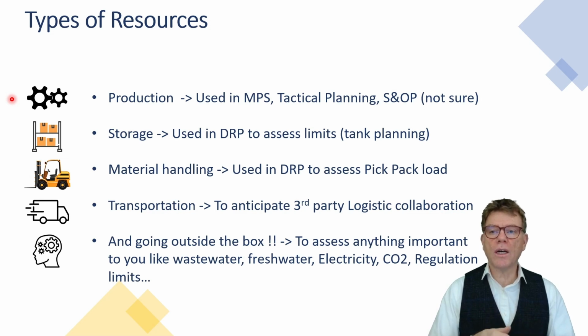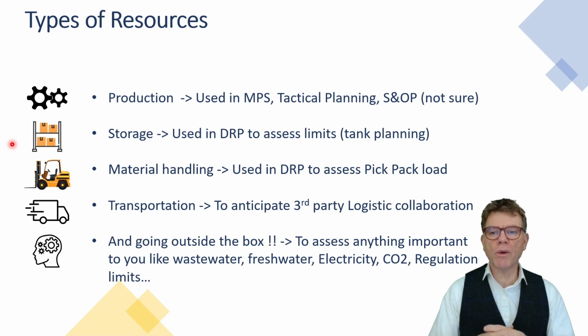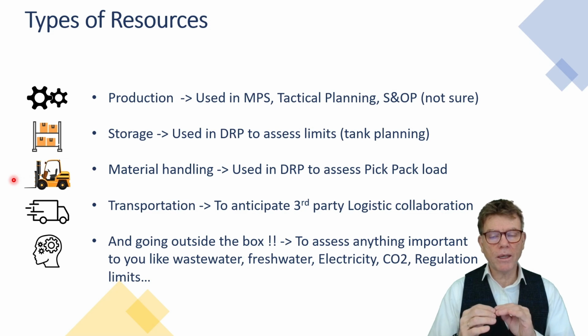Then there is also, as a second type, the storage resource, where whenever you want to track the pallet position occupation in a storage place, for instance, according to the planning. Then there is also the material handling type of resource, which is all about the material flows going in and out of a storage location, in order to analyze and determine the load on the people preparing the goods, for instance.